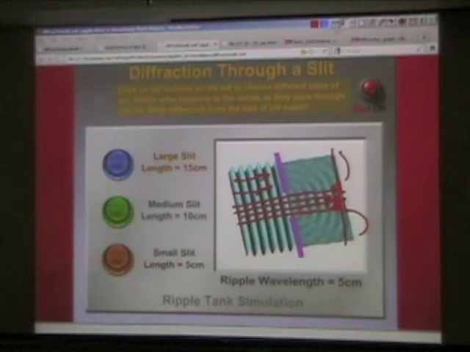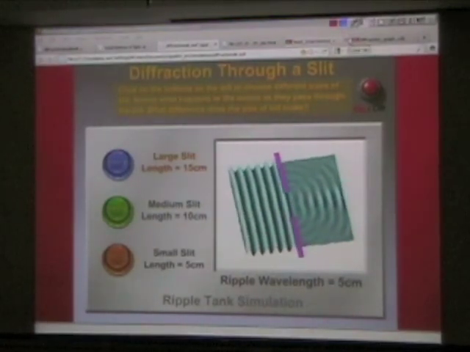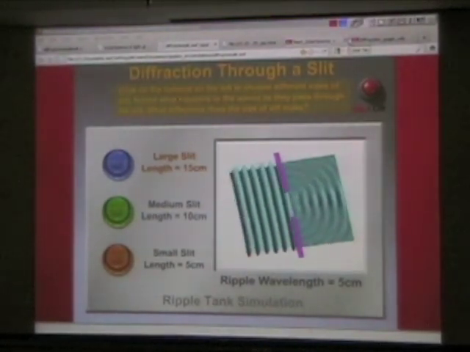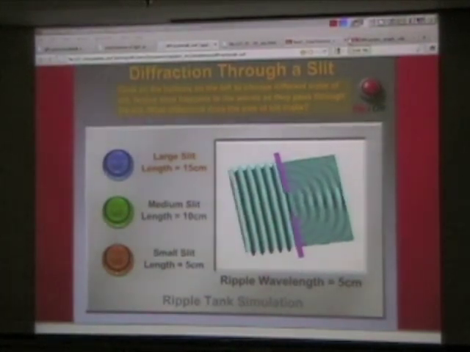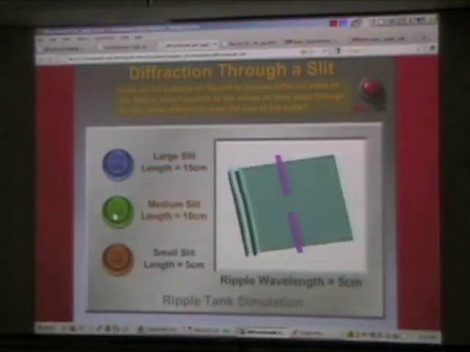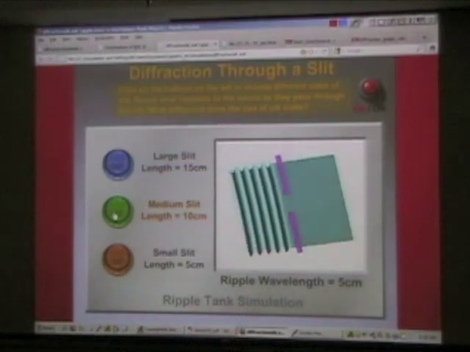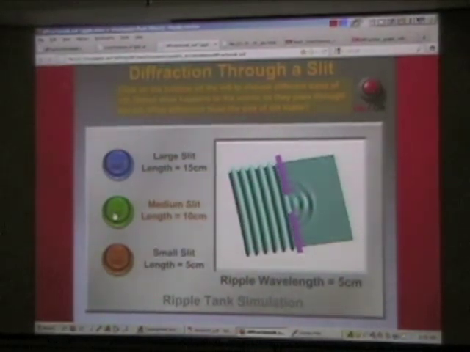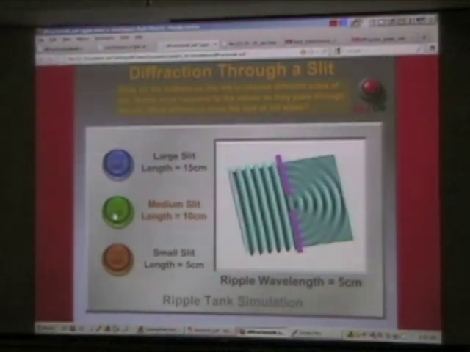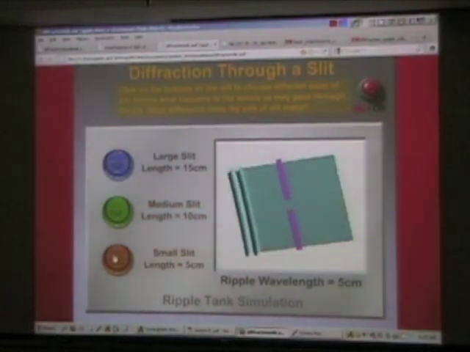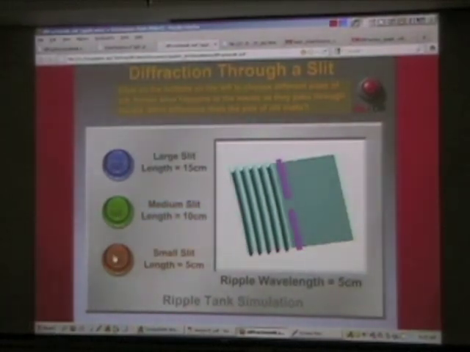What is happening if we actually make this opening smaller and smaller? We can observe more and more bending behind. Eventually, a slit like that starts acting like a point source.